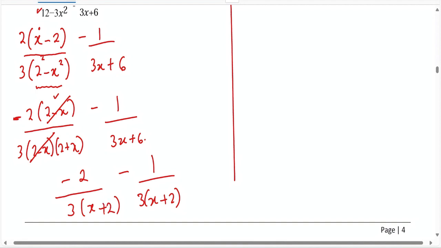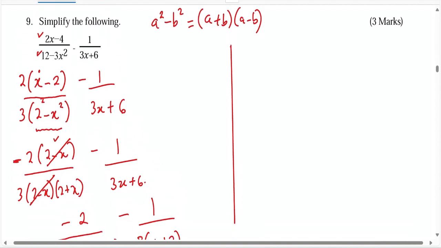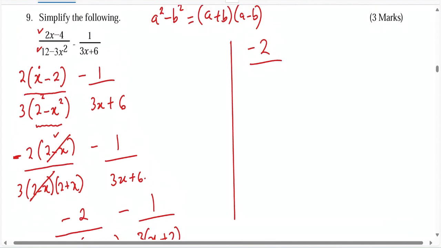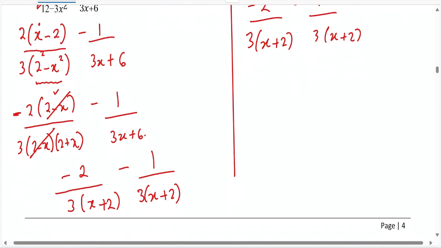Sawa? Haya. So in short uko na kitu kama hii minus 2 over 3, sawa, or 3 into bracket x plus 2, na nyingine ni minus 1 over into bracket 3 x plus 2. Kumbe zote ni 3 into bracket x plus 2.